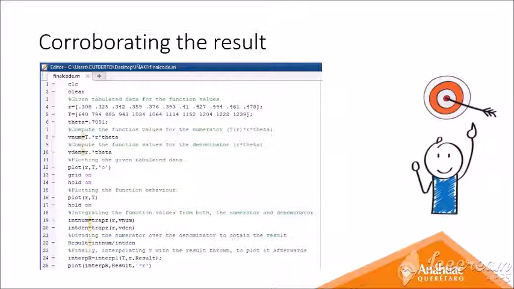First, we established the variables with the given data. Then, we compute our functions with values of the numerator by multiplying our matrix T with our matrix R and then by our value theta. Then, we compute our functions for the values of the denominator. We're going to multiply our matrix R with our value theta.